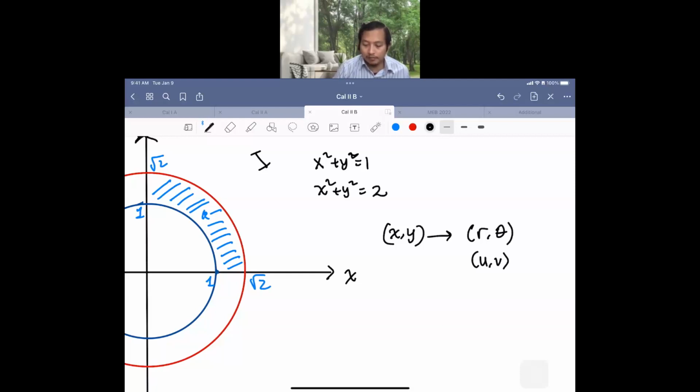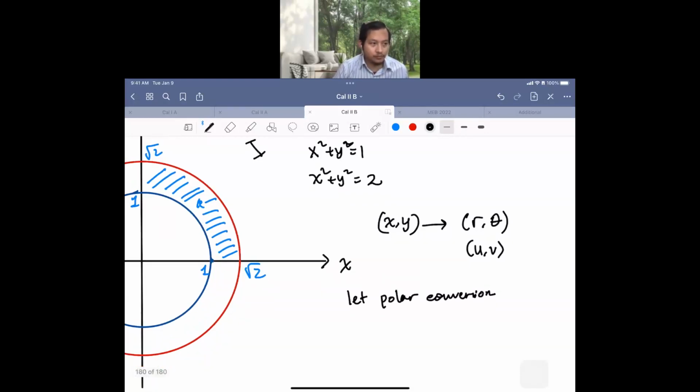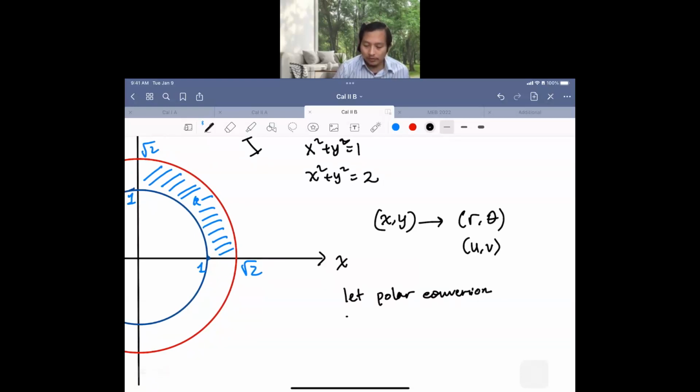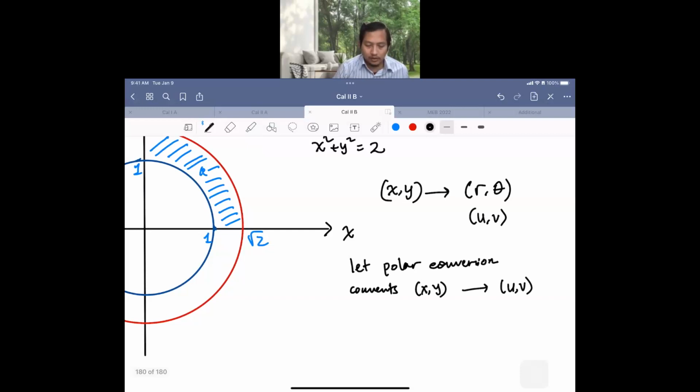So let the polar conversion convert xy to u phi. We'll have the transformation defined by x is u cosine phi and y is u sine phi.